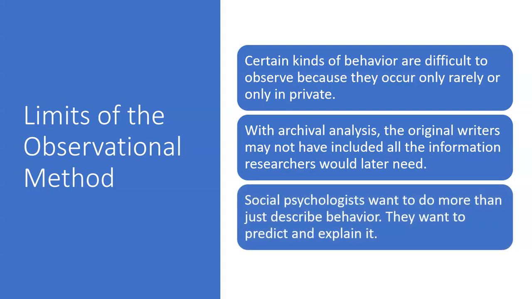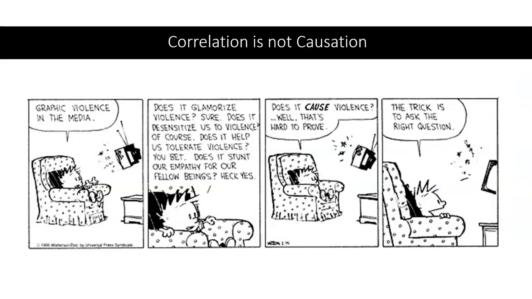Now, generally, as I said earlier, a lot of researchers will start with observation and document the strength of a phenomenon in the culture or in whatever the location is that they're studying. And then they want to do more. So the next type of methodology is the correlational method.